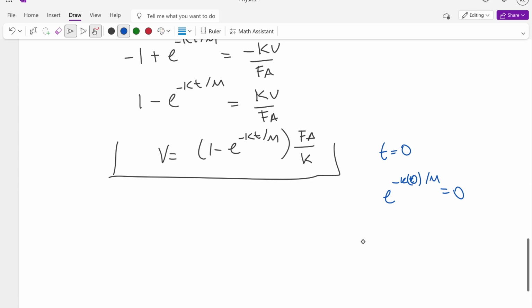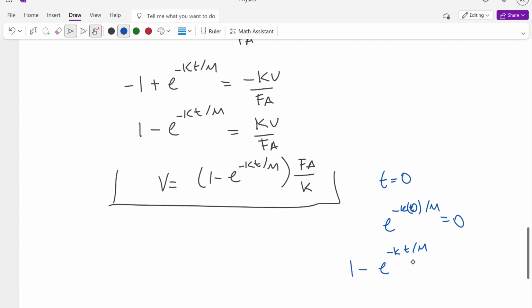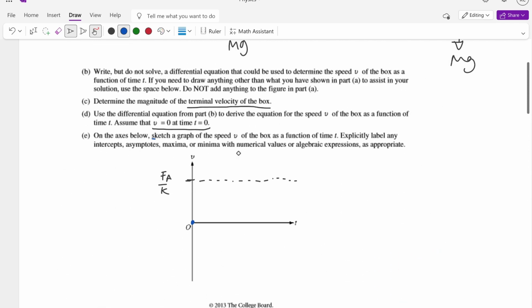When you have 1 minus e to the negative kt divided by m, as you tend to infinity, this approaches f a over k. If we were to graph that, it would end up looking something like this. It looks like an exponential curve. So yeah, something like that.